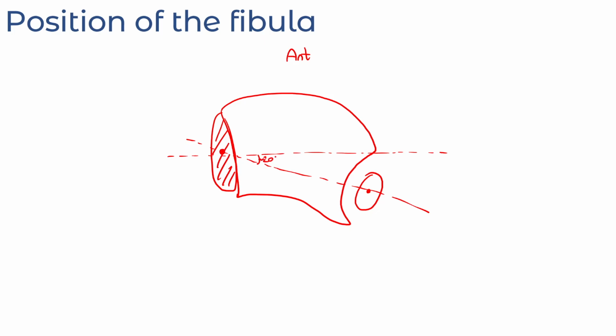So the exact number doesn't matter, but the idea is that it's slightly that way. And also, because this bit is wider at the front, you have a gutter angle and a gutter angle, and if you bisect that gutter angle, you find that you're slightly externally rotated.